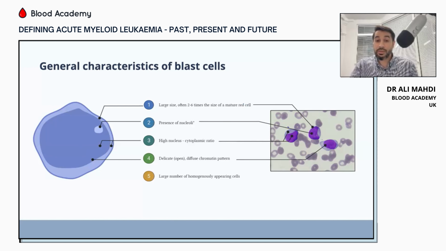There's not that much cytoplasm in most of these cells. And the chromatin pattern to the nucleus is often described as open, delicate, and diffuse. They're not dark and pyknotic as mature cells are. And in a lot of cases, blast cells, if you take them into account with the other cells that you see, are often homogeneously appearing. They all look the same.